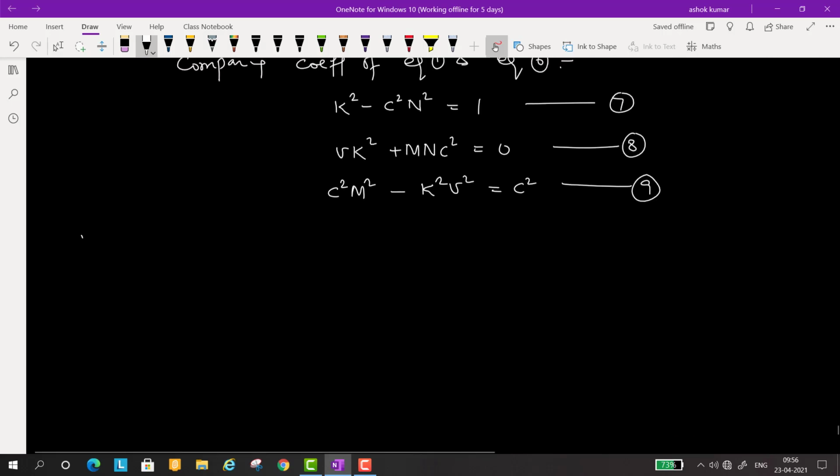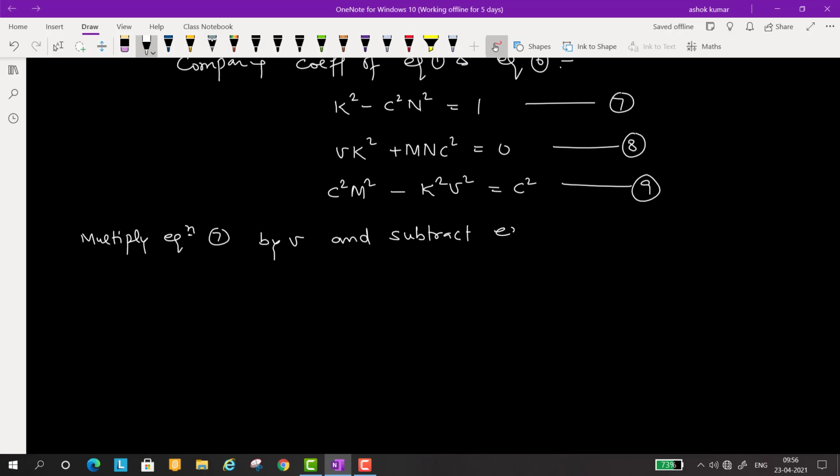So multiply equation number 7 by v and subtract equation number 8. What we will be getting? So we multiply 7 by v and subtract equation 8. So it will be v minus 0.